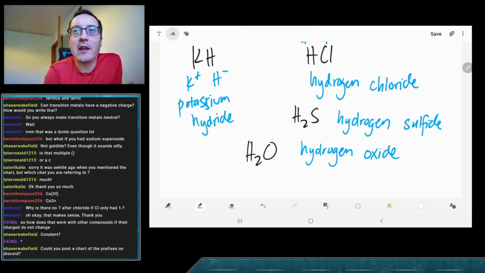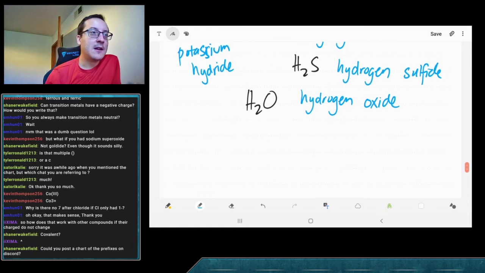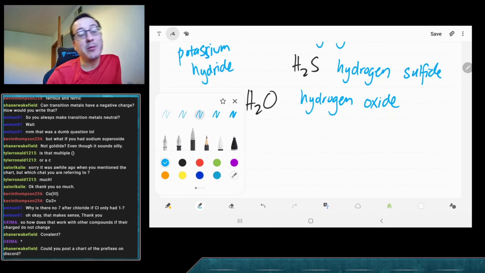You may have heard that thing long ago about dihydrogen monoxide. There's no need to do it that way because hydrogen we are going to treat as though it were a metal. Nobody says dihydrogen sulfide, it's just hydrogen sulfide. Nobody says hydrogen monochloride, it's just hydrogen chloride. Trust me. Don't believe everything you read on the internet. Cool. Alrighty. But it gets worse. You thought it was easy. Or maybe you didn't. But it gets worse.